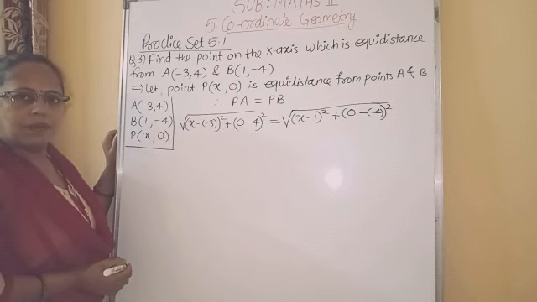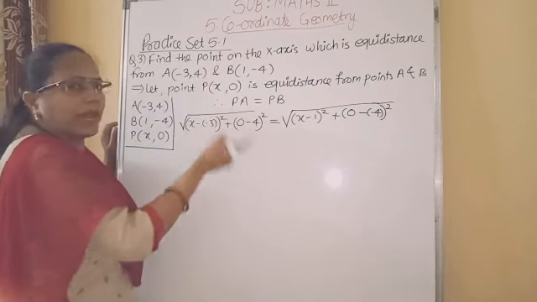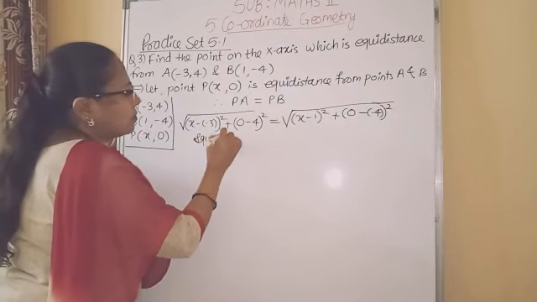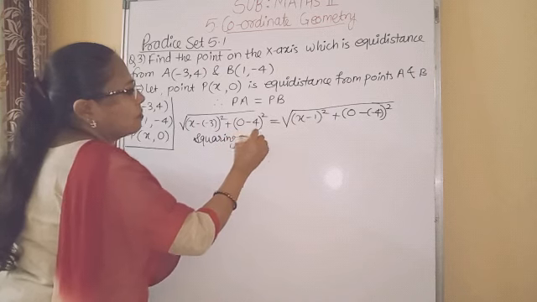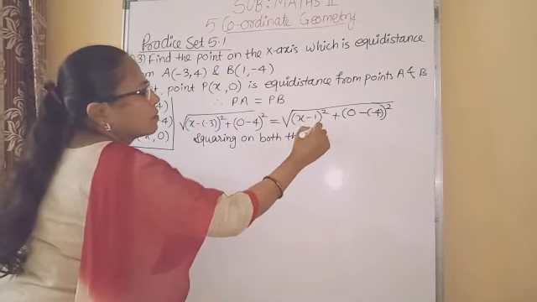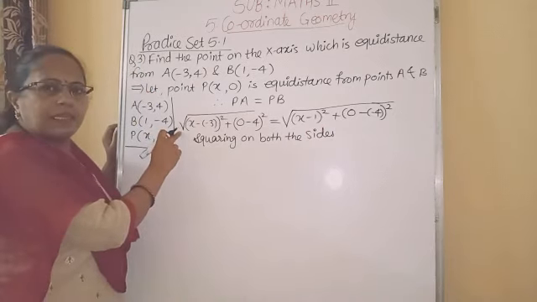Follow this step. Okay. Now here to remove this square root sign, we will make square on both the sides. Squaring on both the sides. So this square root sign gets removed.